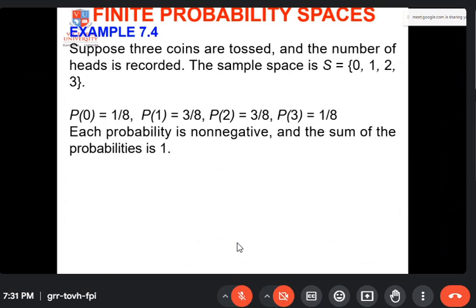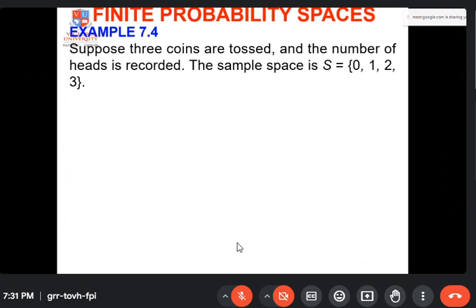How about the probability of getting 2 heads? How many times do we get 2 heads? So still there are 3. Okay, what are they? We have head, head, tail. Head, tail, head. And then tail, head, head.